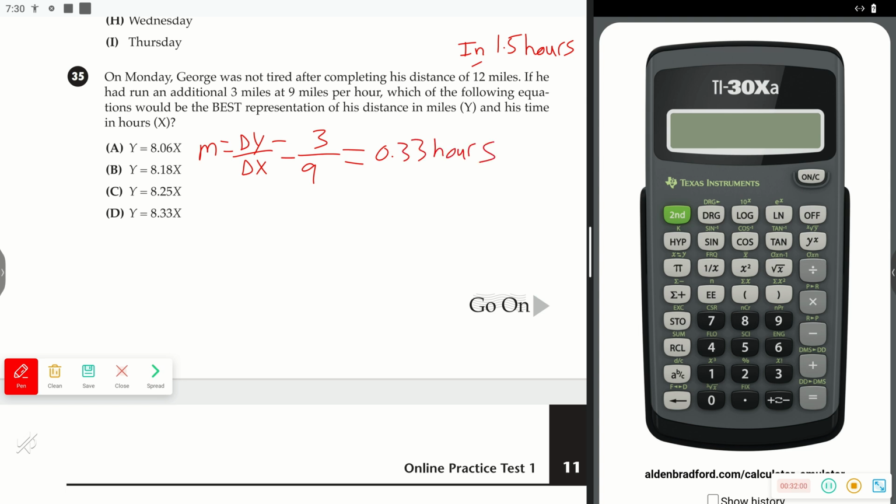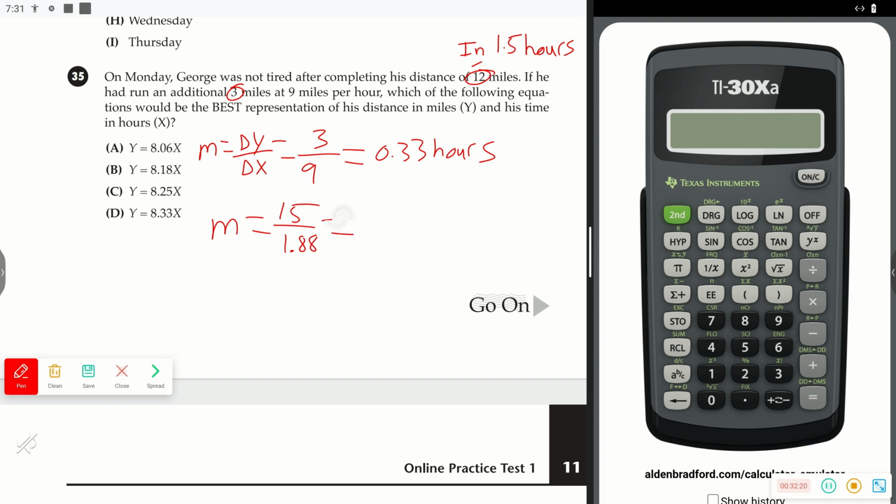And then we're going to take the total distance, which was 12 miles plus 3 miles, which is 15 miles, divided by the total time, which is going to be 1.5 plus 0.33, which is going to be 1.88 hours.